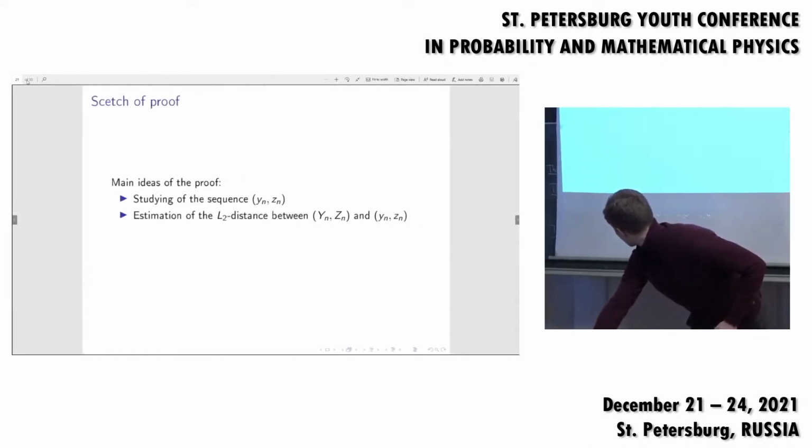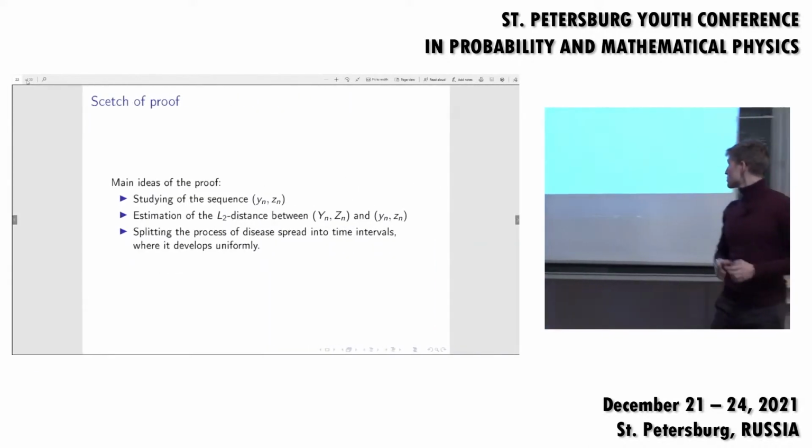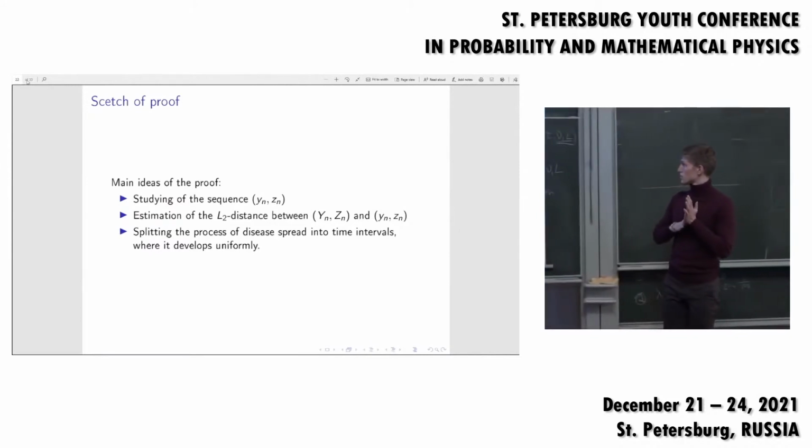So let's speak about some ideas of the proof. First of all, we need to obtain some results for the sequence Yn, Zn, studying this sequence and understanding how it changes over time.